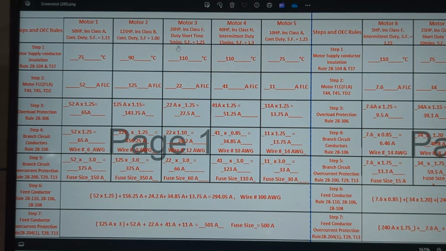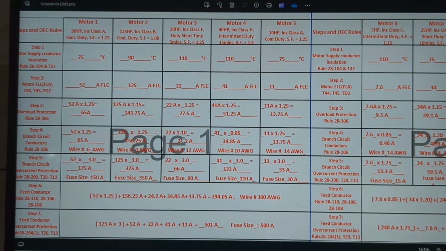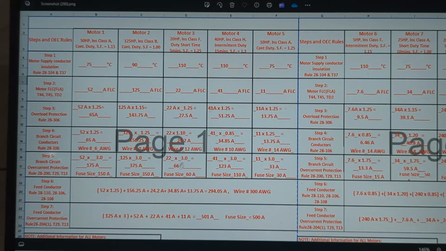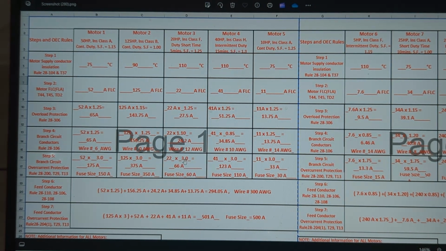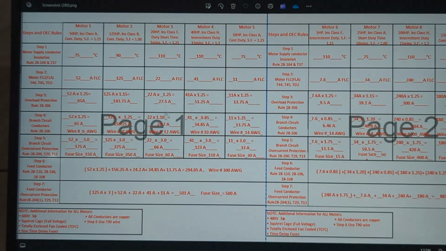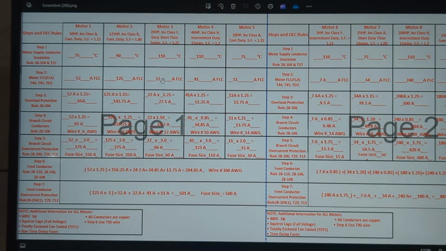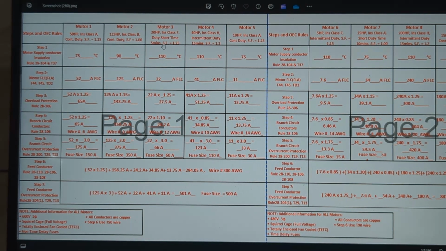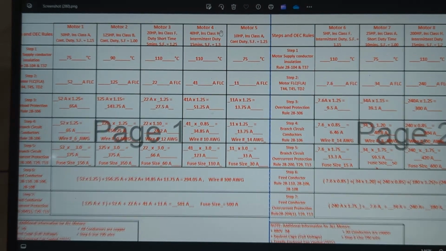Because duty short time 5 minutes in table 27 is 1.10. And then overcurrent is 22 times 3, because all the motors are non-time delay. And the last one is overload. Full load current is 22 multiplied by 1.25 because service factor is 1.25. So these are the examples.